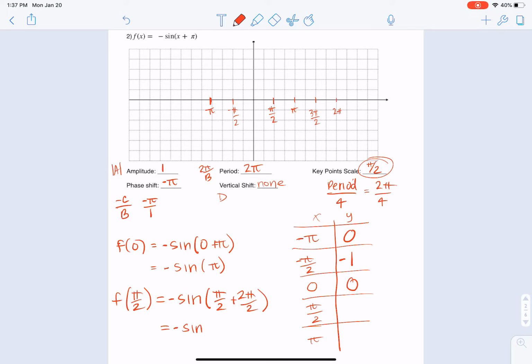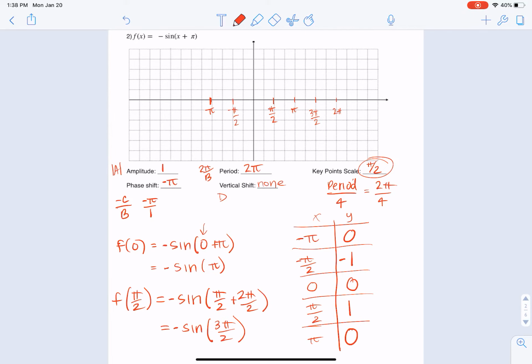So -sine of, that's going to give me 3 pi over 2. And at 3 pi over 2, I am at -1. So -1 times -1 will put me here at +1. And then I'll be back here at sine of 2 pi, which is going to give me 0.